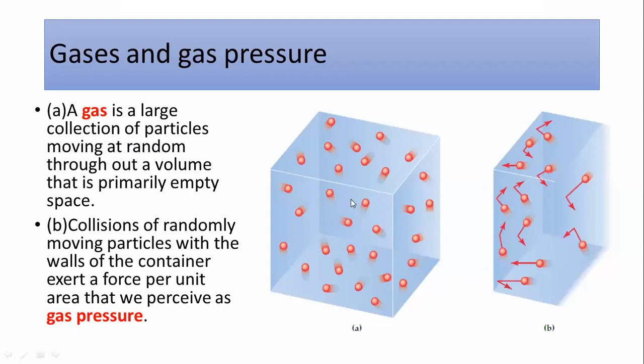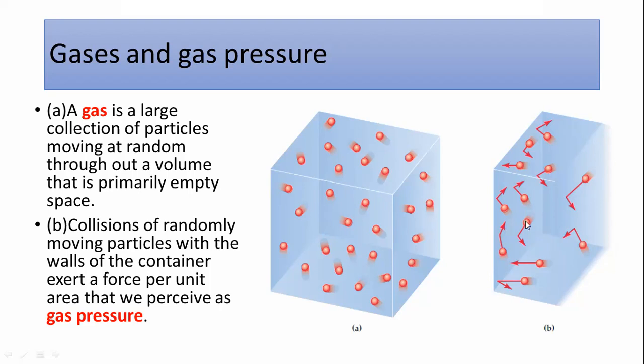And what is the gas pressure? Because these molecules are moving randomly throughout the volume, of course they have the ability to collide with each other. When these randomly moving particles collide with each other, and with the walls of the container in which they are occupied, they will exert a force per area, and that is called the gas pressure.